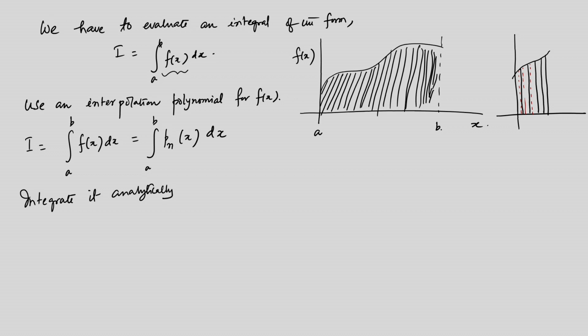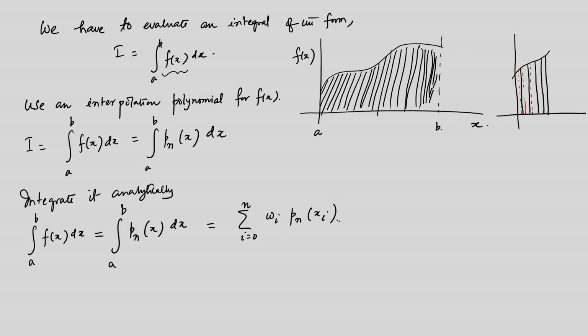Okay. So, this is the main idea behind this. The integral from a to b of f of x dx is to be replaced by a polynomial sum, written as the sum over i equal to 0 to n of w_i p_n of x_i.